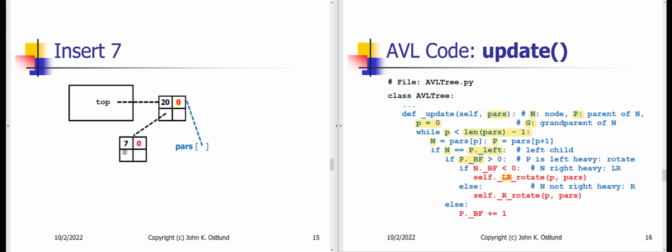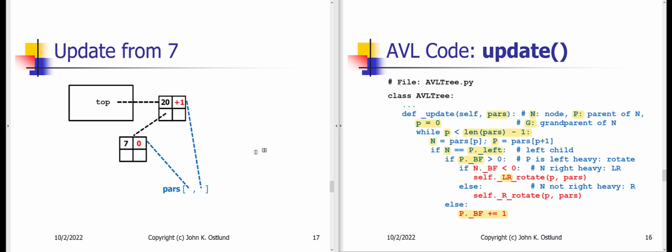But actually, because the parent's balance factor is less than 0, that means that we don't have a third node down underneath here. We've only got 2 levels. And so we're actually going to skip over this rotation stuff, and we're just going to increase the parent node's balance factor by 1.